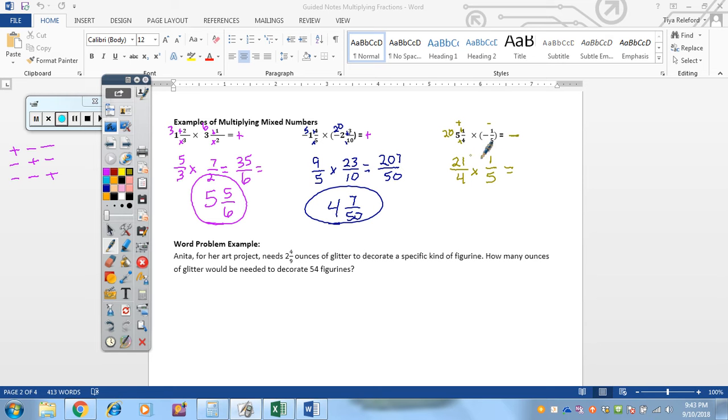So go ahead and multiply 21 times 1 and 4 times 5. And step 3 is to simplify. And don't forget, we said the answer was negative.